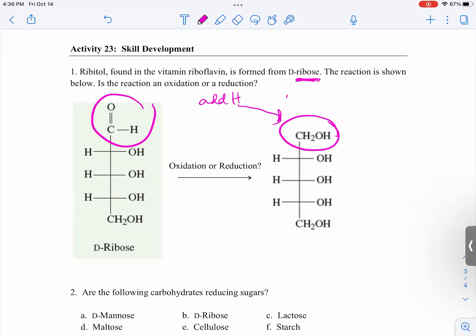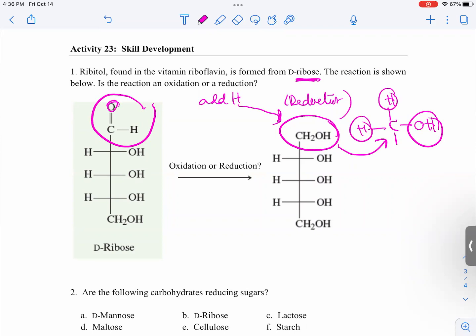If you added hydrogens, that is reduction. If you draw them out, your Lewis structure type of way, you can see that you have now a hydrogen bound to this oxygen, and carbon is bound to two other hydrogens, which makes carbon happy. Of course, it's still bound to this carbon. So that's what happens with reduction. You're adding hydrogen. This is what's going to be the result on that functional group.